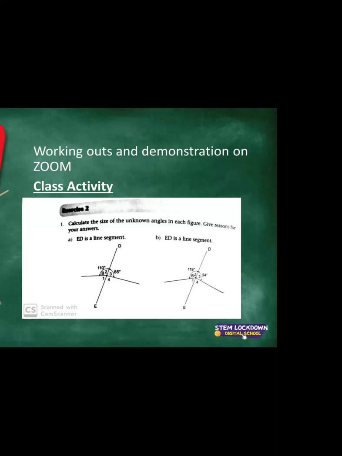So can you please calculate angle number 1. Let me just give you 2 minutes. Don't forget that E to D equals 180 degrees. Can you please calculate it before we go to our solution? I'm giving you guys 2 minutes to please calculate angle number B1, because B2 is already calculated and the line segment equals 180 degrees.